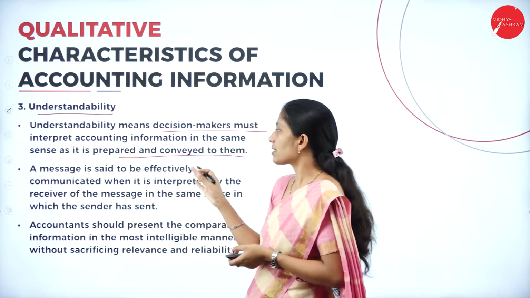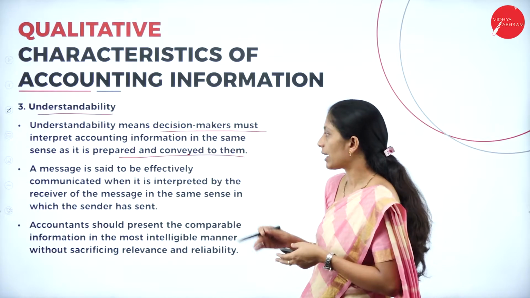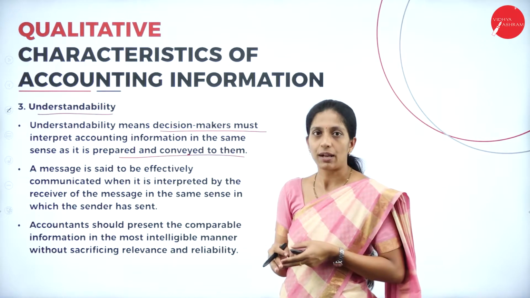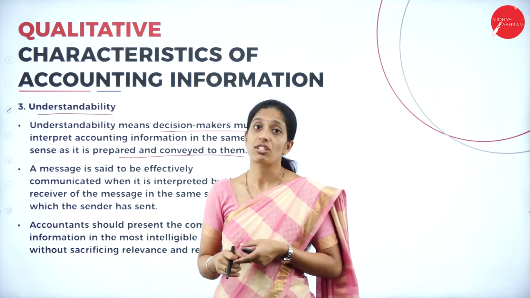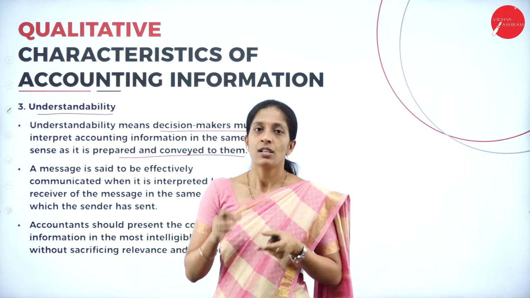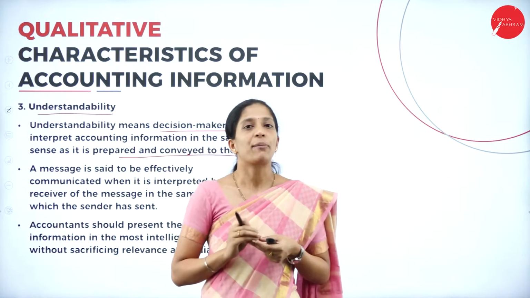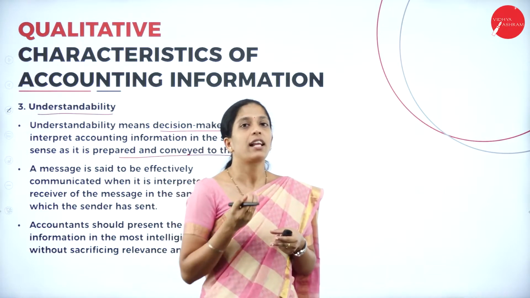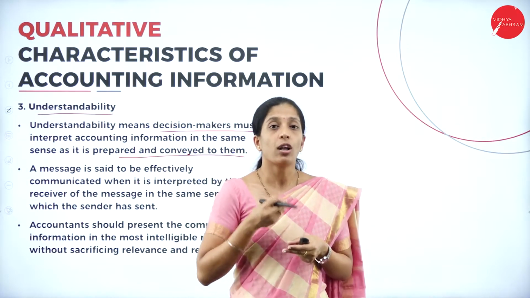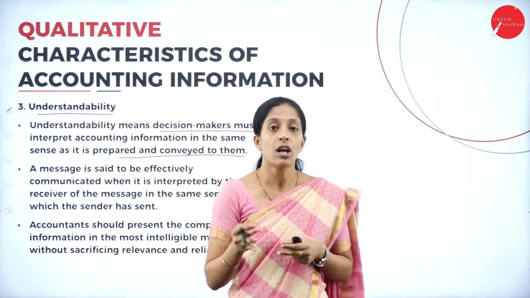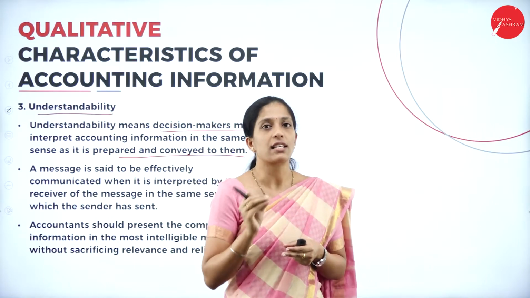A message is said to be effectively communicated when it is interpreted by the receiver of the message in the same sense in which the sender has sent it. So when proper communication happens, if I explain to you a particular concept, in whatever sense I have explained, in the same sense you have to understand that.